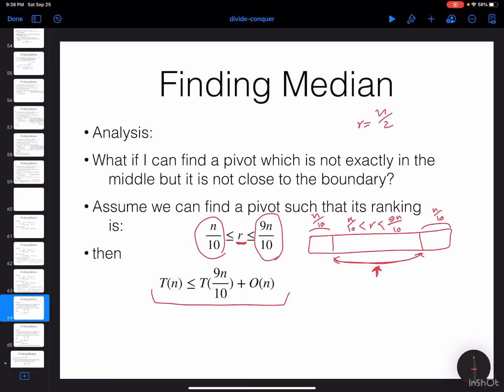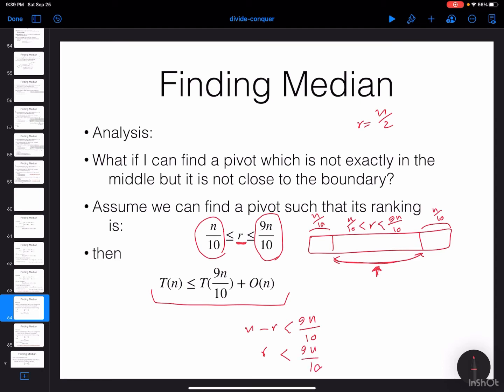Because you can actually just say that R and n minus R are going to be less than 9n-tenth, and the value of R is also going to be less than 9n-tenth, right?